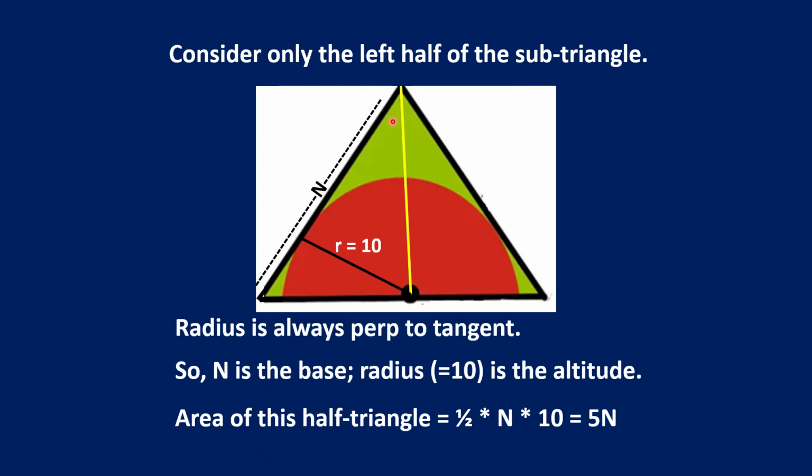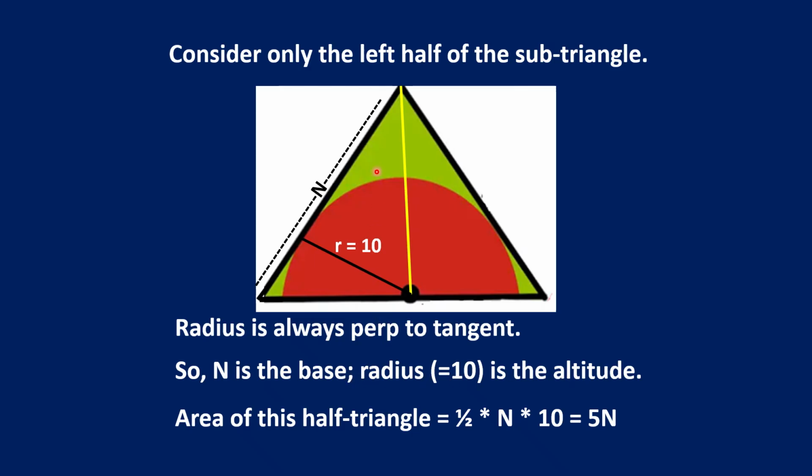So the base is n, and the altitude, which is the radius of the semicircle, is r, which is given to be 10 units. So r equals 10. So n is the base, and the radius, 10, is the altitude.